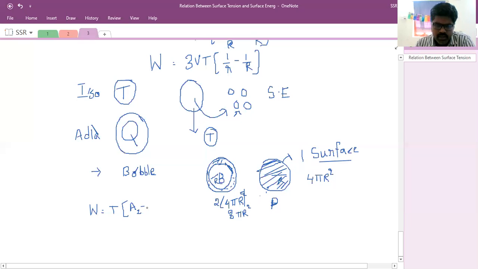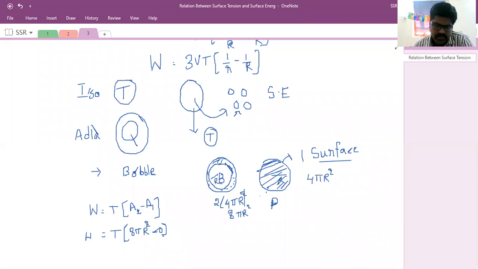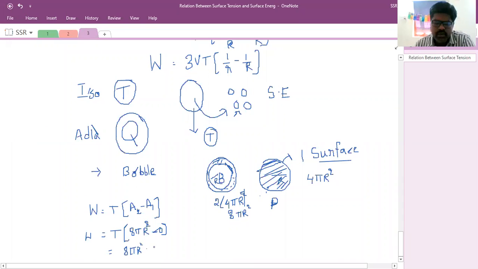For a soap bubble, the initial area is 0 and the final area A2 is 8 pi R square, minus 0. So the work done to blow a soap bubble from initial 0 to final radius R is 8 pi T R square, or 8 pi R square into T. Are you clear on this? For a soap bubble.